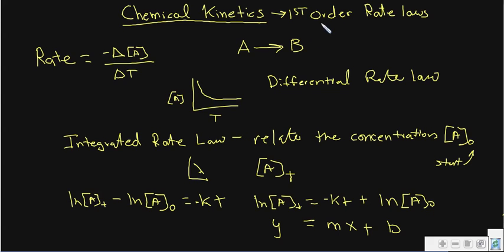The order of a reaction simply means how the change in the concentration affects the rate. In a first order, it's like the first power. So if I double this change, it doubles that change. But you can also have second order, where if you double this change, it quadruples this change because it's now to the second power, and so on.